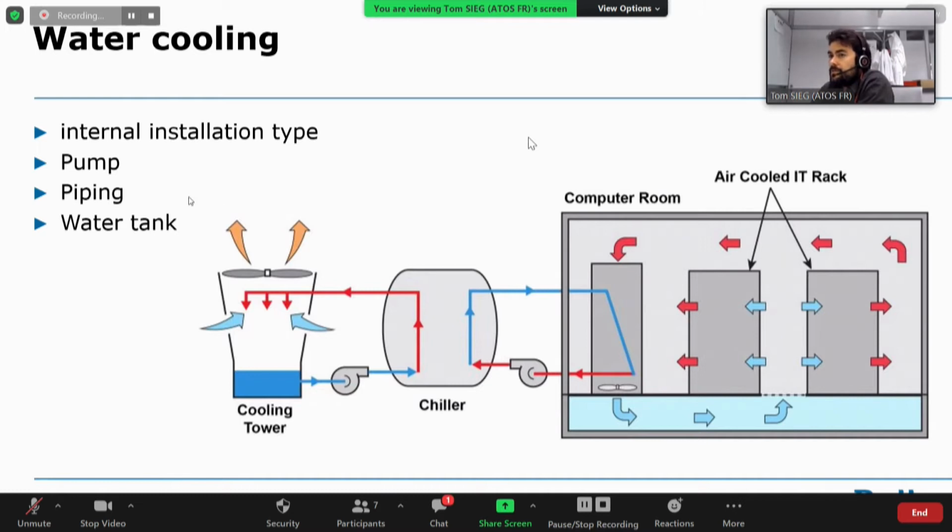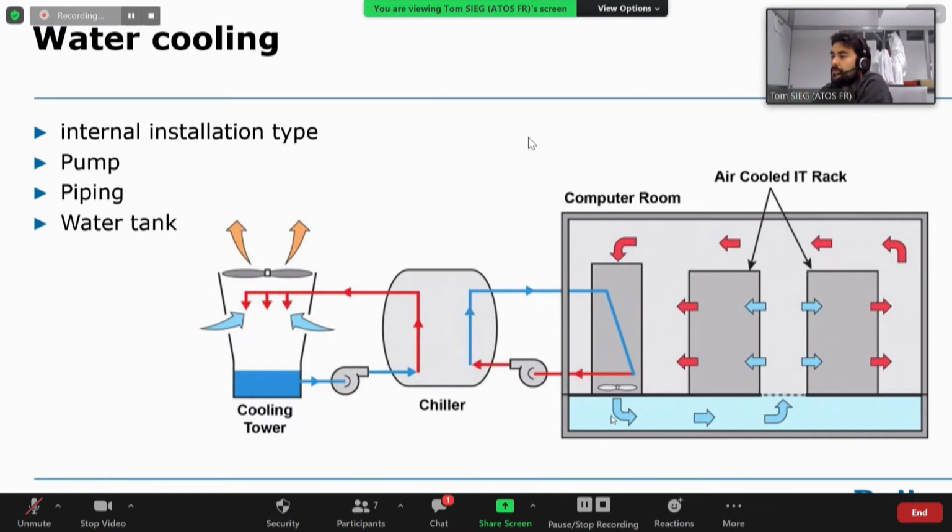So in your circuit, you will have pipes, of course. Short distance is a better way, but take into account that it's better to put your cooling system at the same level as your data center room, to avoid needing a stronger pump, to avoid large distances, or to prevent any leaks through the computer room.